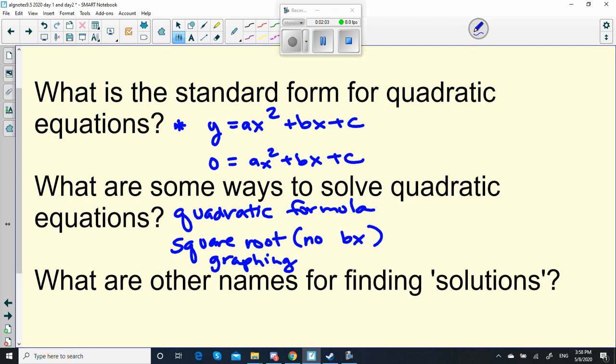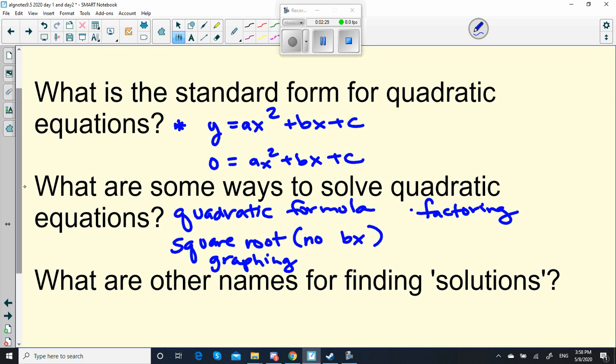So graphing is not really my go-to usually, actually ever. And then my go-to that I check every single time is factoring. Because hopefully by now you're getting pretty fast at factoring. You can kind of eye it and see. So I will look at it today to see if it's going to factor, but I'm actually not going to factor anything today because I want you to learn how to do the quadratic formula.